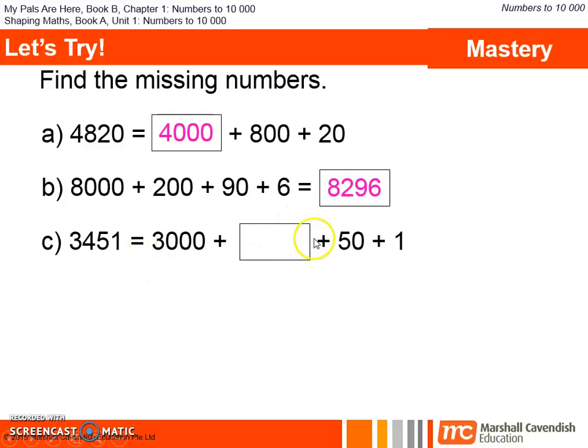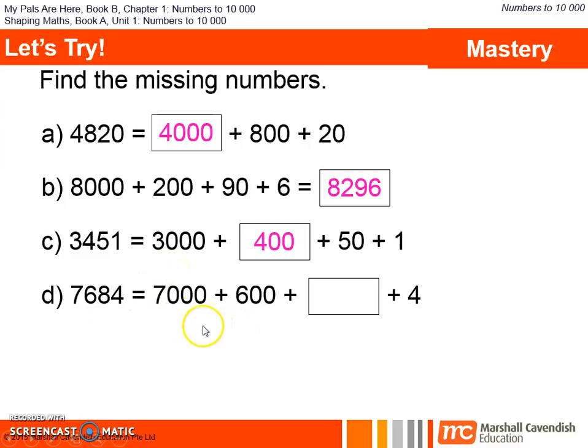What could be the value here in the box? Oh, the digit? Yes, the digit 4. What is the value of the digit 4? Yes, 400. Well done. And finally, next one.